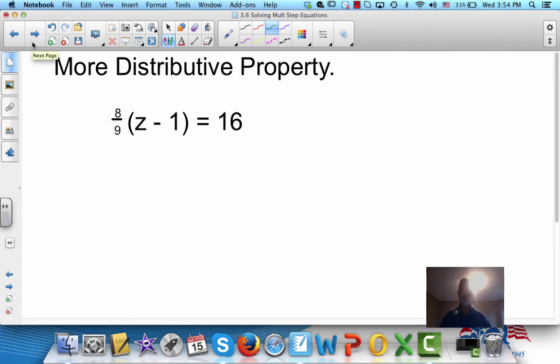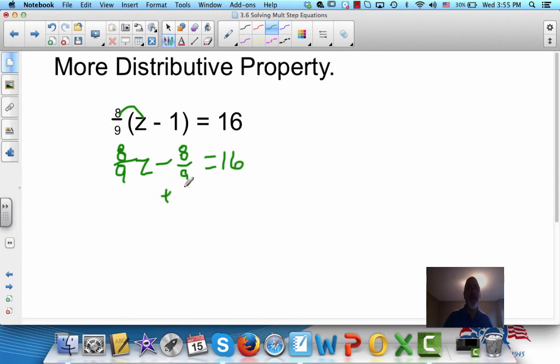Okay, the distributive property again. This is especially where the method that I just showed you can come in useful when dealing with fractions. Because see, if you do this one, you're going to do 8 ninths times z, which gives you 8/9 z minus 8/9, because 8/9 times -1 gives you -8/9 equals 16.